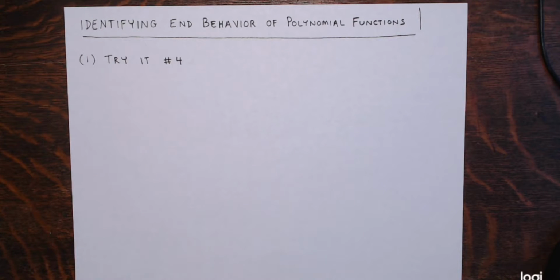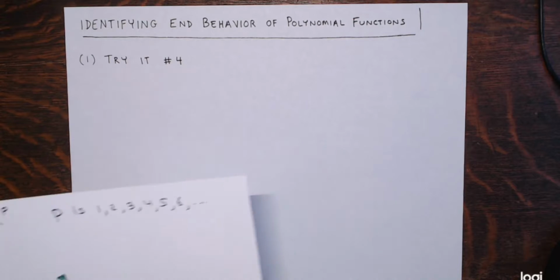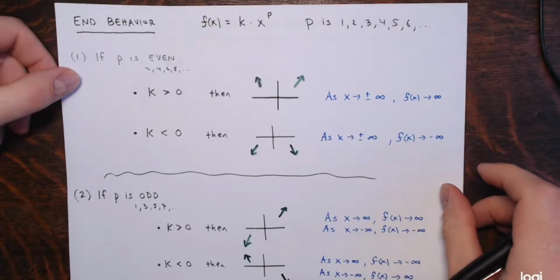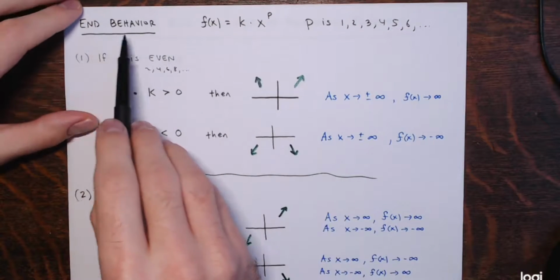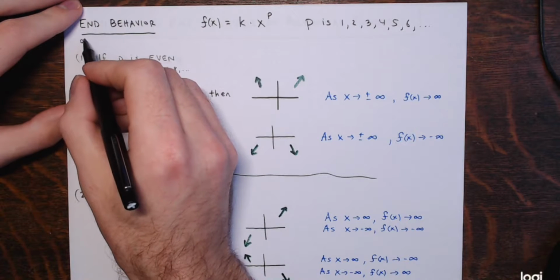In a couple videos ago in this same section, I talked about the end behavior of power functions. And I wrote this page out, and I've got it here. The end behavior of power functions.